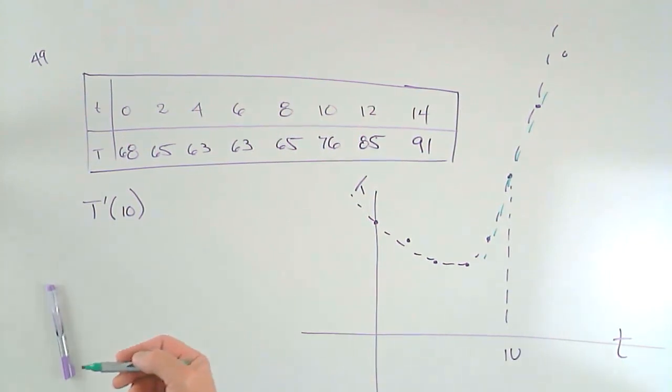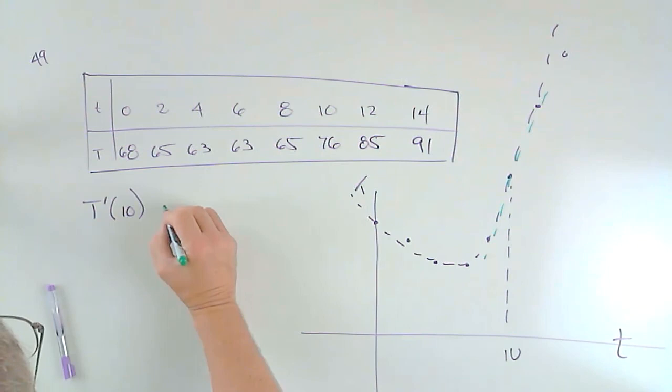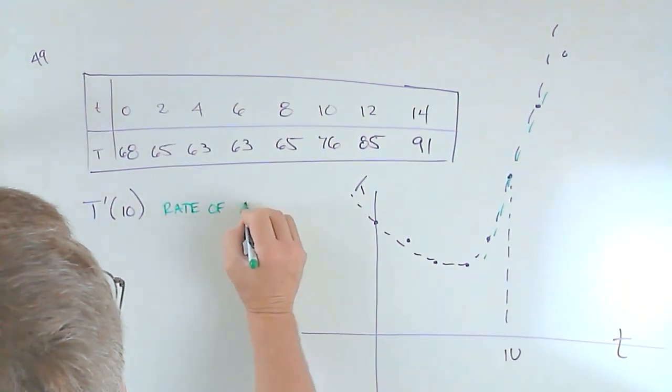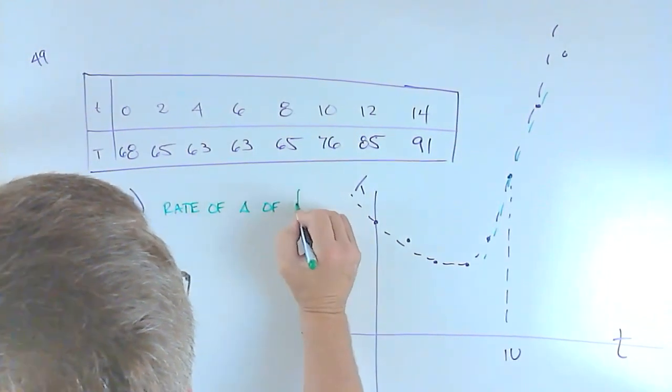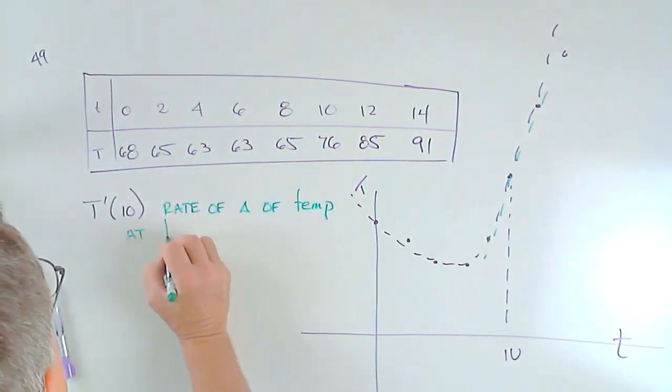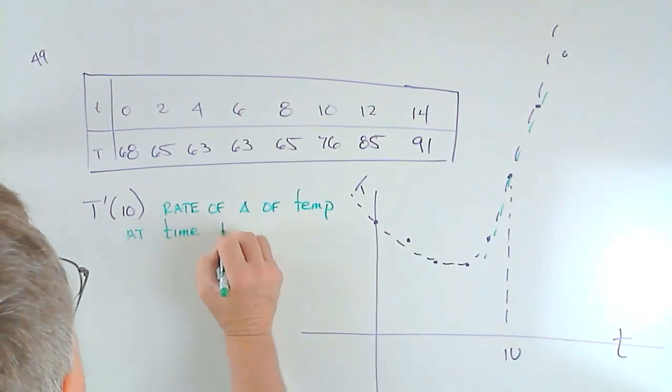And we know we can't find T prime of 10 because in the problem, literally the words are, what is the meaning of T prime of 10? We now know what that is. It's the rate of change of the temperature at time 10 a.m.